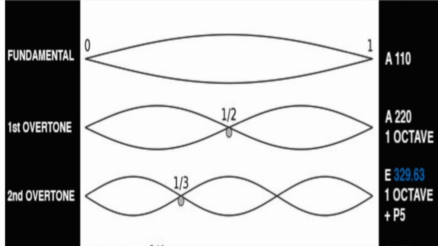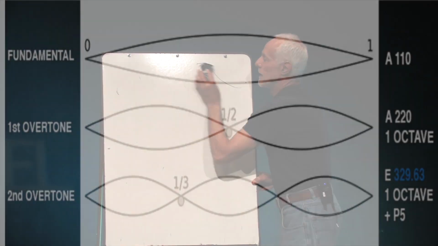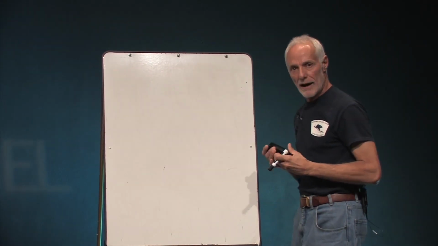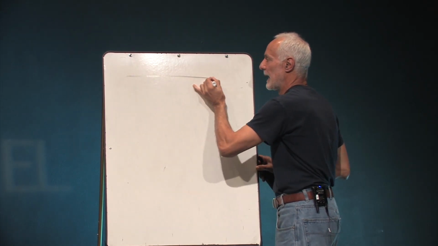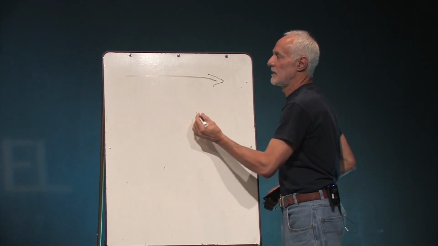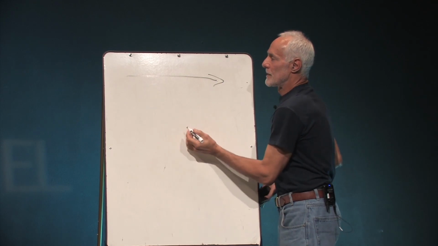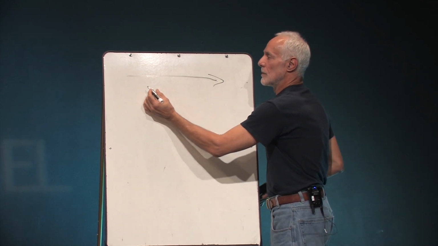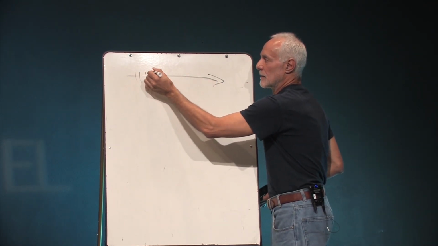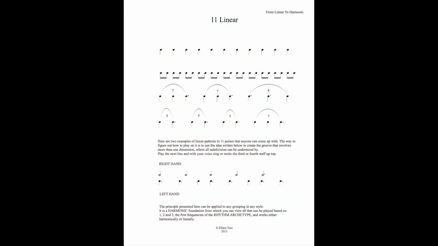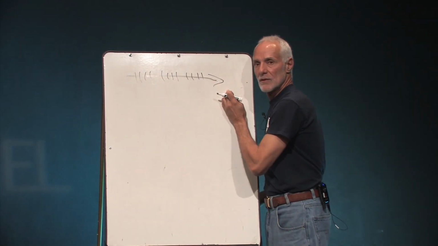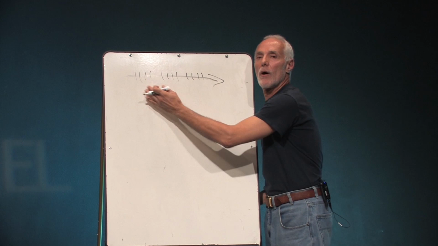So this relationship is fundamental because if you're seeing and playing music in a linear way, no matter what the pattern, what the subdivision is, you can turn any of those patterns, any of those subdivisions into a harmonic event.